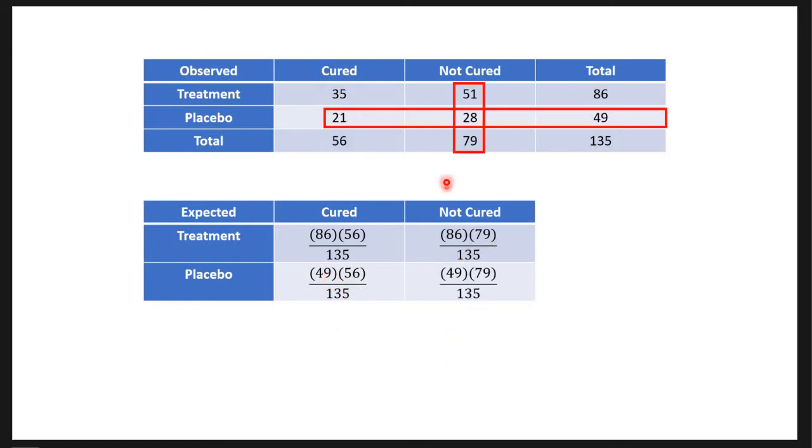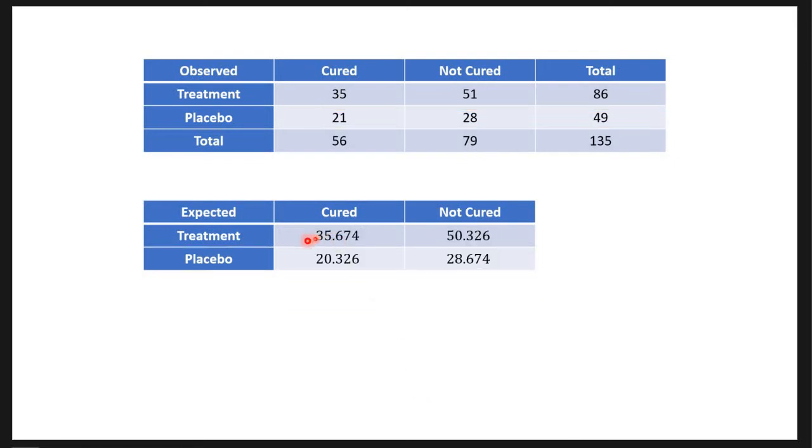And then the last one, once again, the column total is 79, the row total is 49, and I divide it by the grand total. So you can see how we get all those numbers. And then I just do my calculations there to get expected counts of 35.674, 50.326, 20.326, and 28.674. Those are my expected counts.